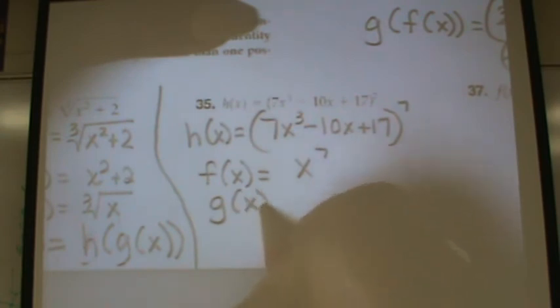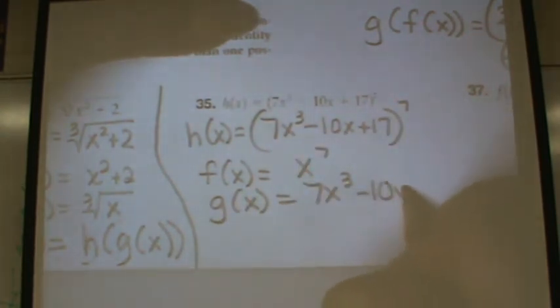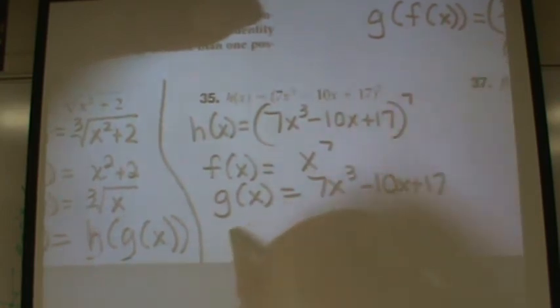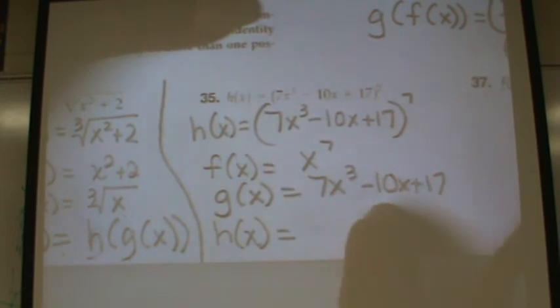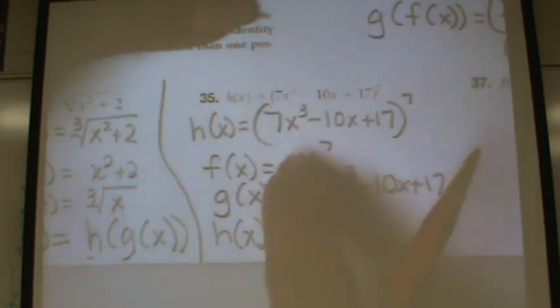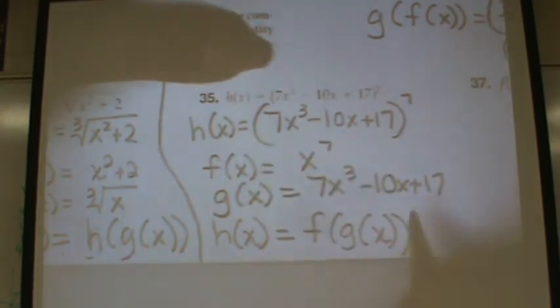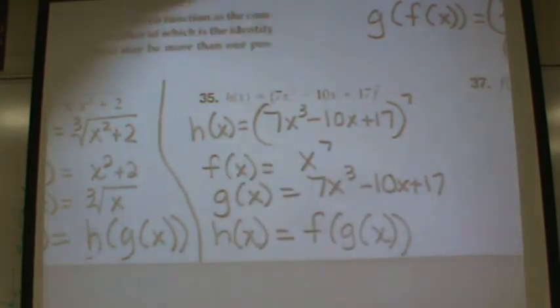And g of x is going to be the guts inside here, 7x cubed minus 10x plus 17. So h of x is going to be, now we want to put this into that. So that's going to be the outside, f of g of x. Let's see if this works. If I took this and stuck it in here, I get h of x, and it works.